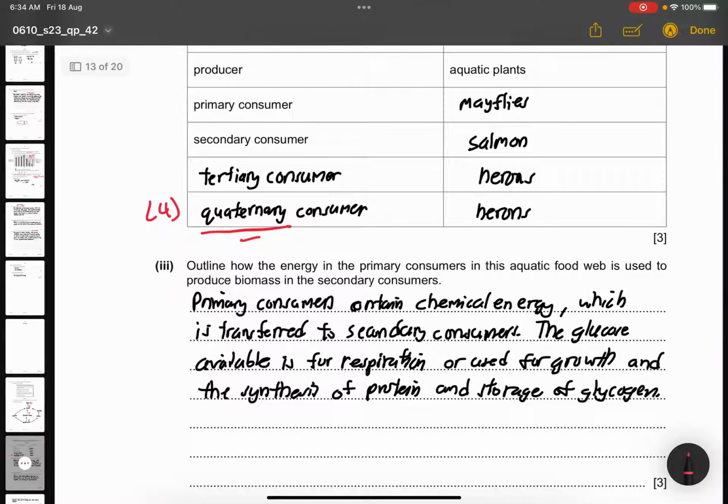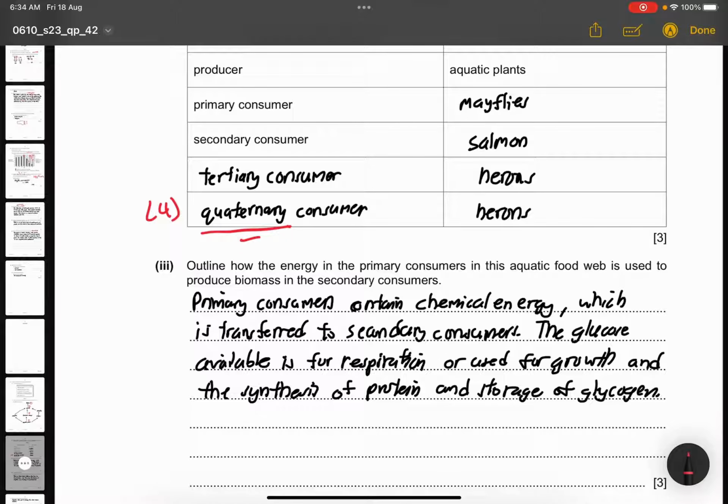Okay, question part 3. Outline how energy in the primary consumers in this aquatic food web is used to produce biomass in the secondary consumer. So, whenever I also struggled with this question, thinking about what it actually means. But honestly, after doing this, I realized that for produce biomass, I just need to think of how energy is produced and how it is going to be transferred to different organisms in this.